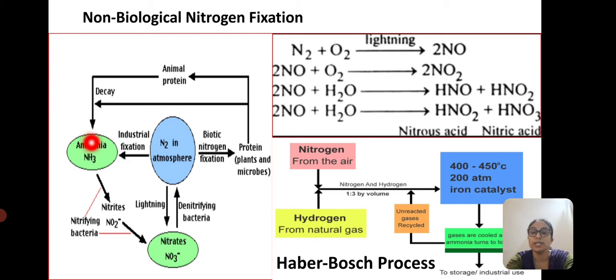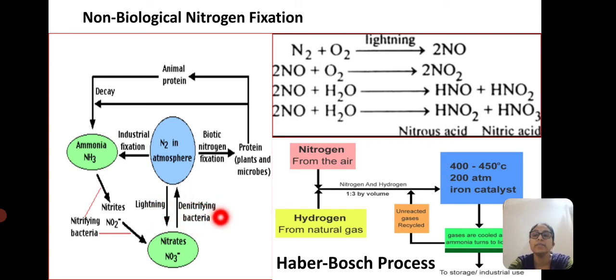So energy utilization is very high in industrial fixation. From there it is converted into nitrites and nitrates by nitrifying bacteria like Nitrosomonas, and nitrite to nitrate conversion is also possible through the lightning process.